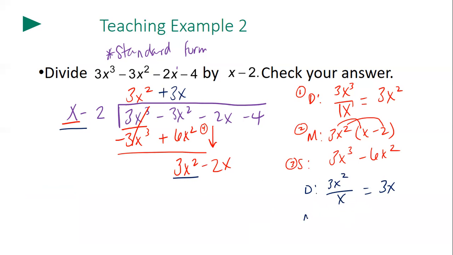And now I'm going to multiply 3x times x minus 2. Each level of the division is its own little problem. And I distribute, and we get 3x squared minus 6x.